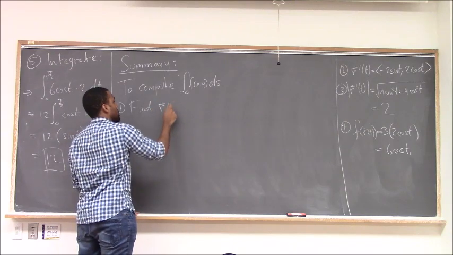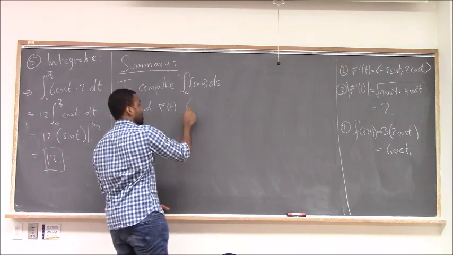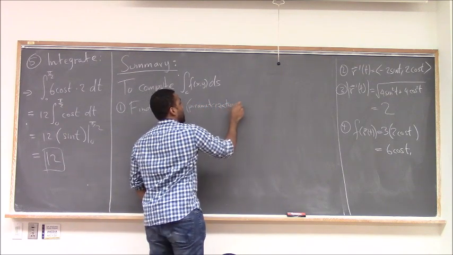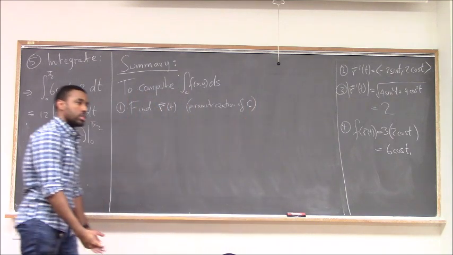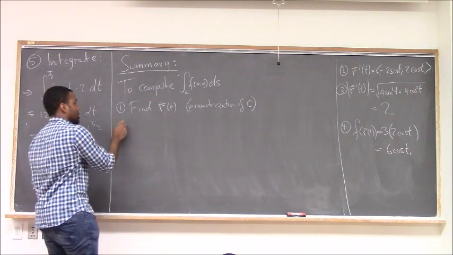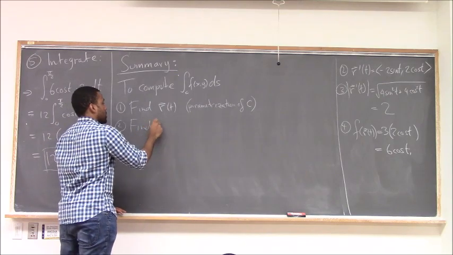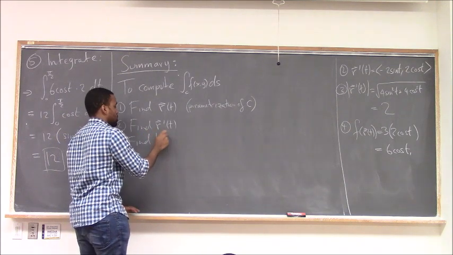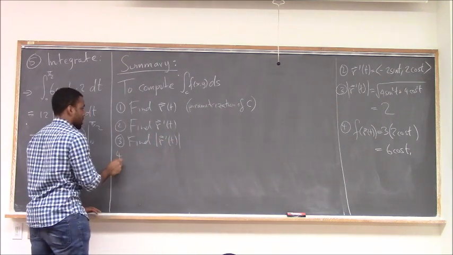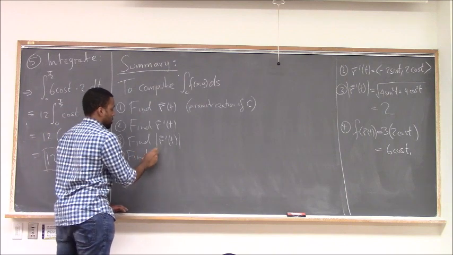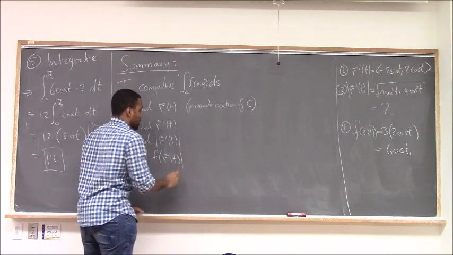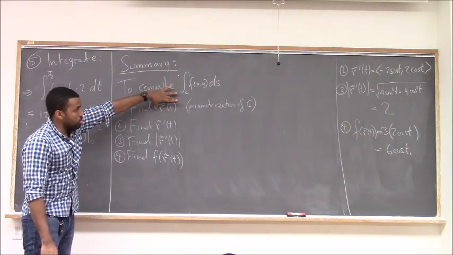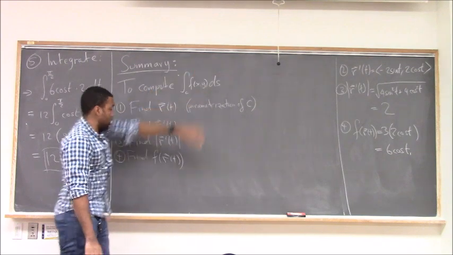We find our r of t, which is of course the parametrization of the curve C. C is the name I'm giving to the curve. The second thing, we find r prime. The third thing, find the magnitude of r prime. Fourth thing, you find f of r of t, meaning you're going to take the coordinates from the function that you parameterize and plug them into your function here.